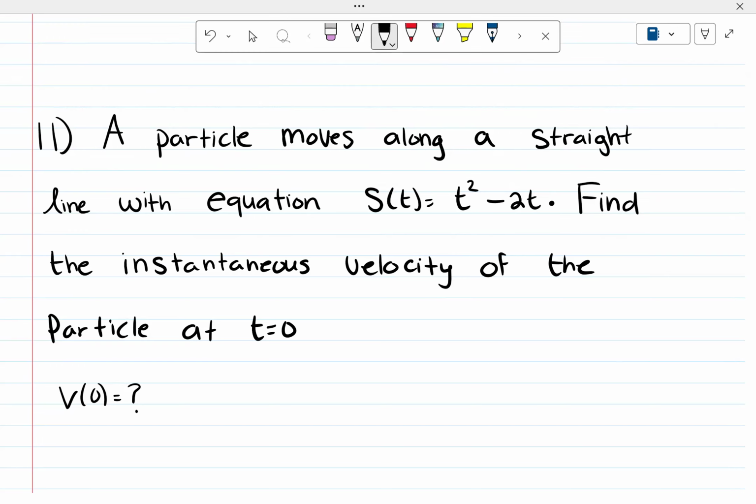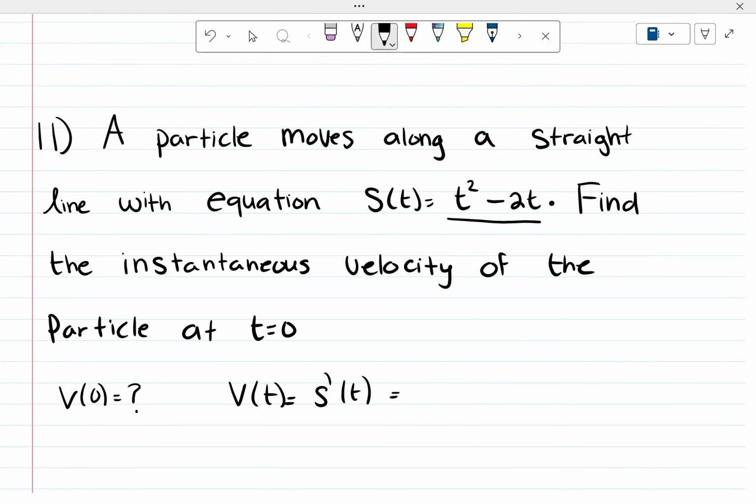So they give us s(t). I think that's our position. So to find v(t), you have to find the first derivative, right? So we have to find s prime of t. So what is s prime of t? What's the derivative of t squared minus 2t?